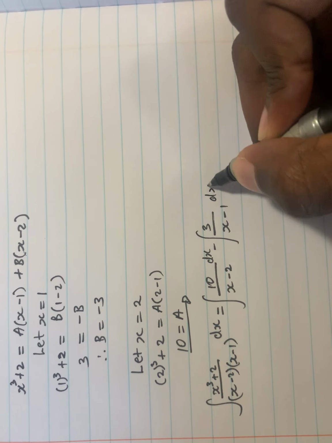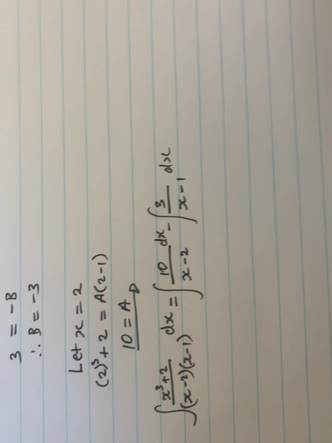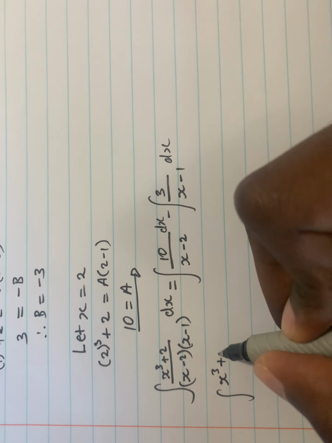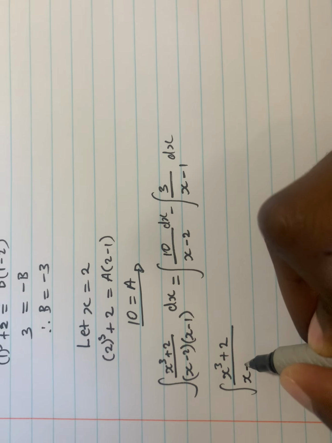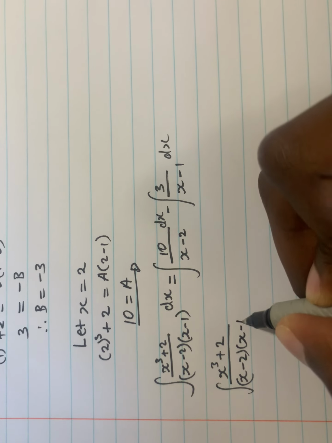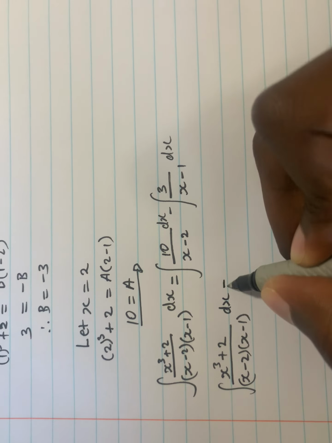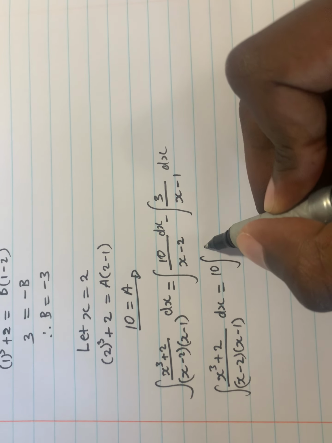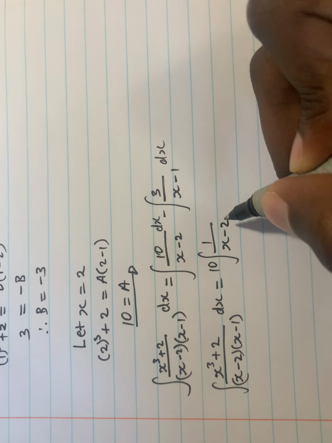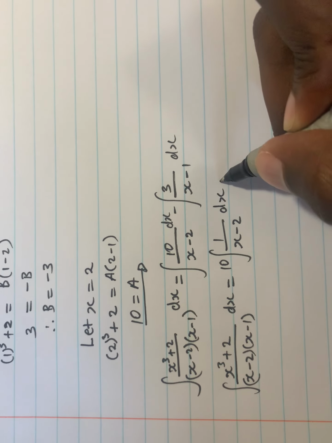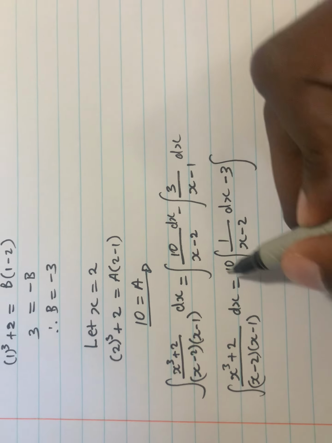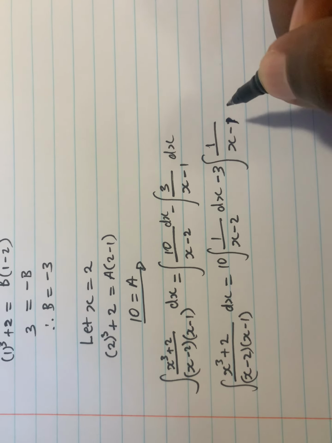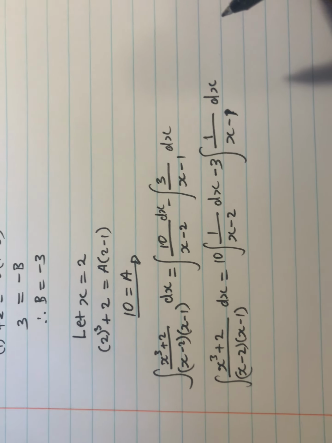Then we take out the constants so that we'll be able to integrate. So we have 10 times the integral of 1 over x minus 2 with respect to x, and minus 3 times the integral of 1 over x minus 1 with respect to x.